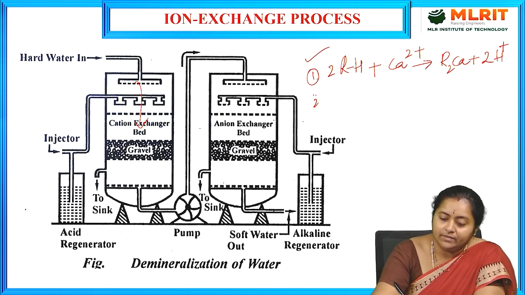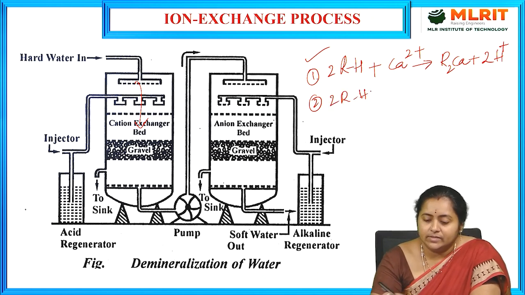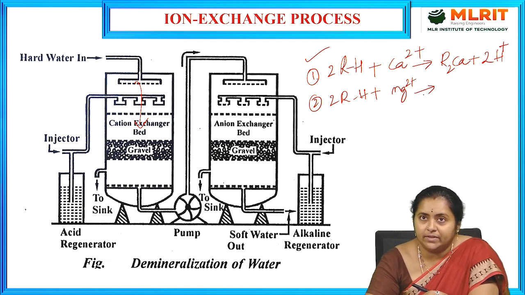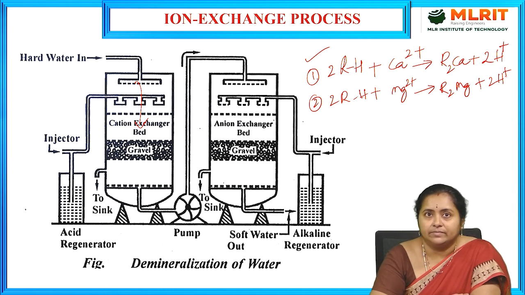And after that, if it is having magnesium salts, the same RH is able to exchange its H plus ion with the magnesium ions, thereby converting into R2Mg. Along with that, 2 moles of H plus will be released.